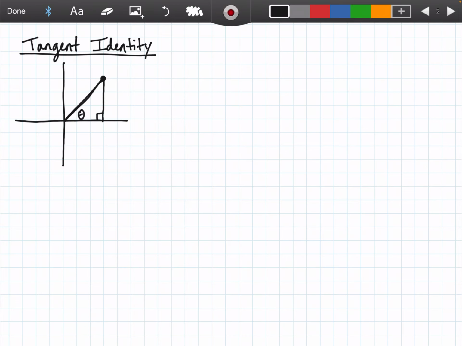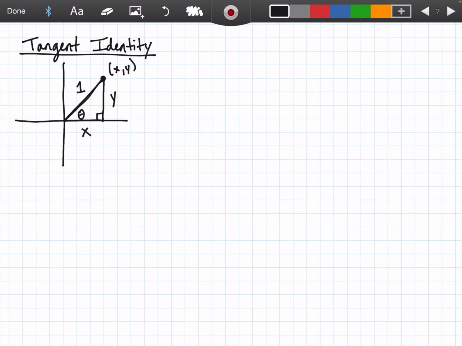Here's going to be my angle, and I'm going to say that the hypotenuse has a length of 1. With this being a coordinate on the graph, we are going to label these side lengths. This is the coordinate (x, y), which means the horizontal distance to the coordinate is x, and the vertical distance to the coordinate is y.